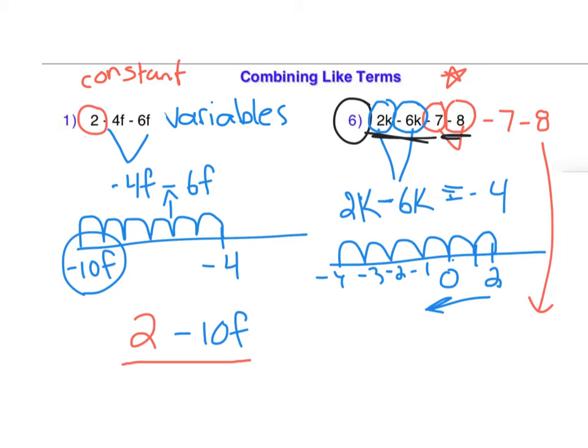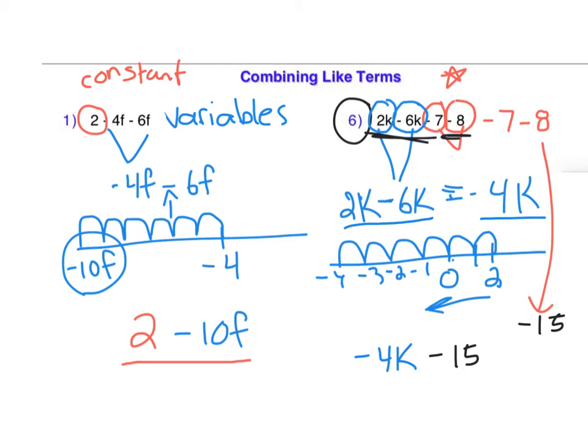Okay, so I'm going to start with the variable. We already noticed that 2k minus 6k is negative 4k, so the answer would be negative 4k. And then this answer was negative 15, and I would write negative 15. It's not the easiest thing, but I think you can do it.